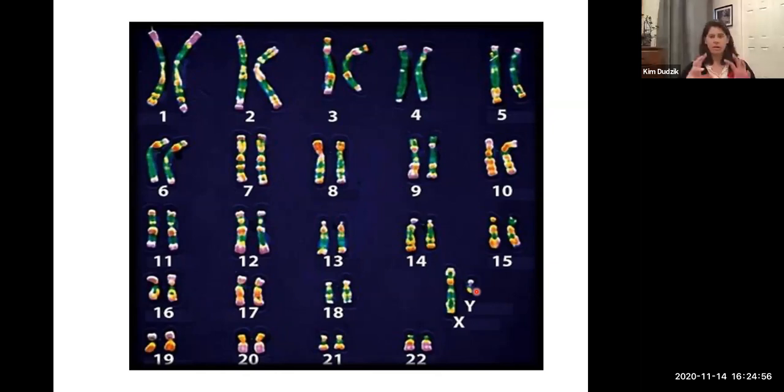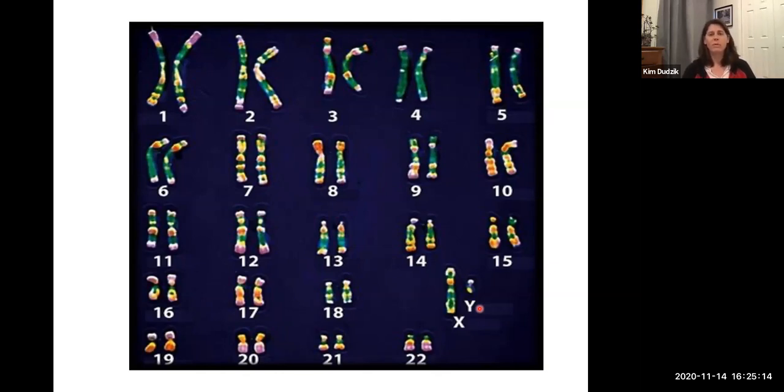What we'll see in a little bit is that during embryonic development, the tissues that begin to develop will default into the female tissues, form the female reproductive tract, unless the Y chromosome is present.